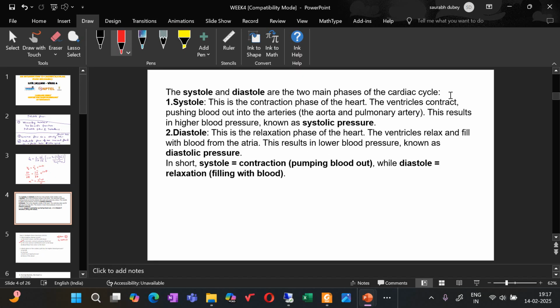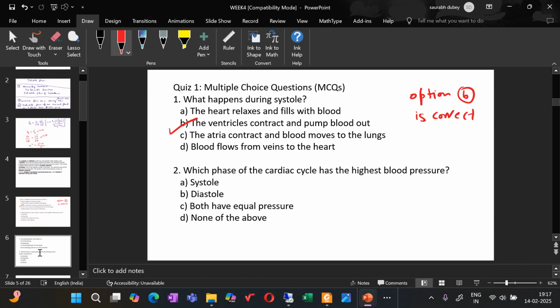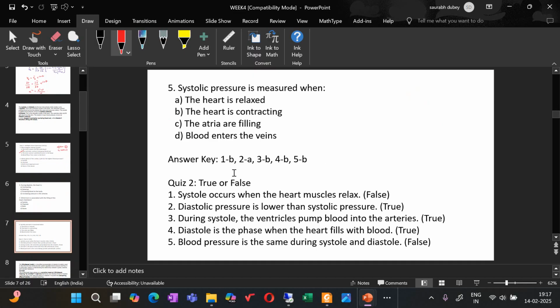This results in the lower blood pressure known as diastolic pressure. In short, systole is contraction where blood is pumped out, while diastole is relaxation where the heart fills with blood. So the high blood pressure cycle happens in systole.